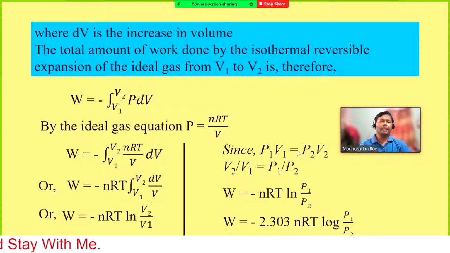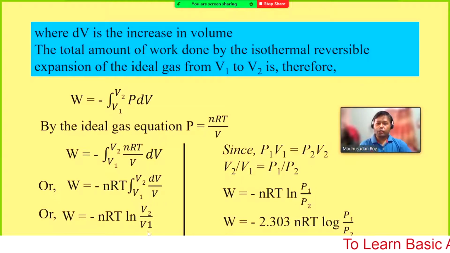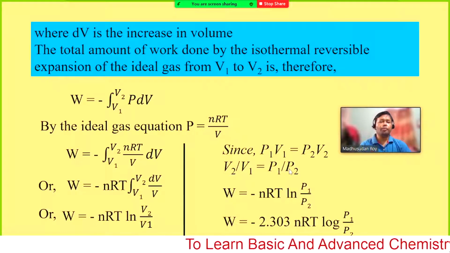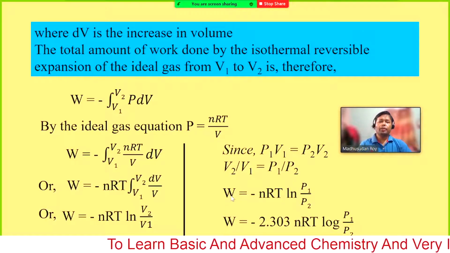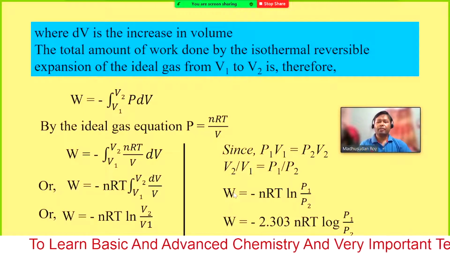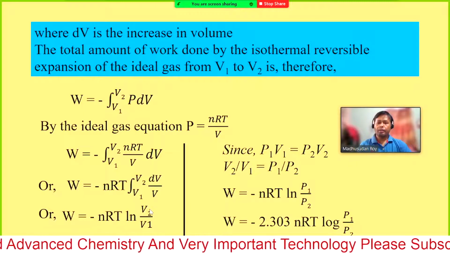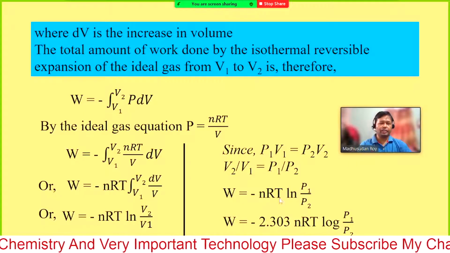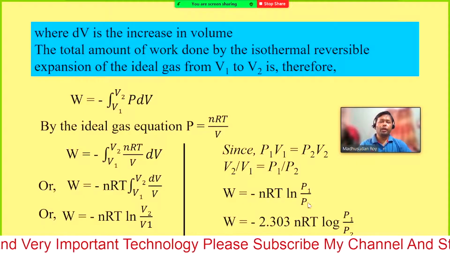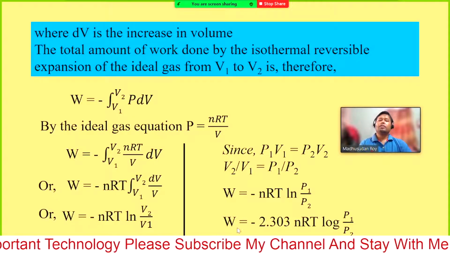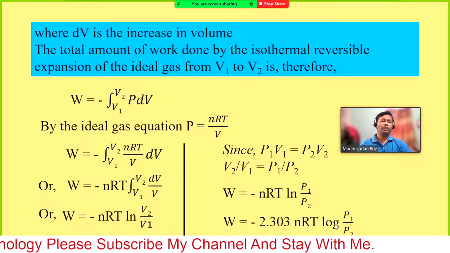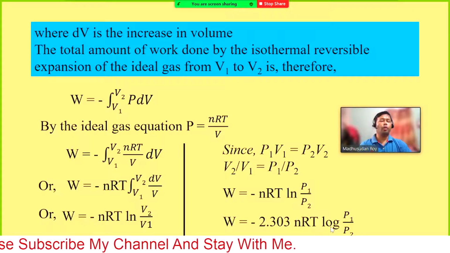So we can write V2 by V1 equals P1 by P2. So now we can write W equals minus nRT into ln P1 by P2. Here you can see minus nRT ln P1 by P2, and ln equals 2.303 into log.